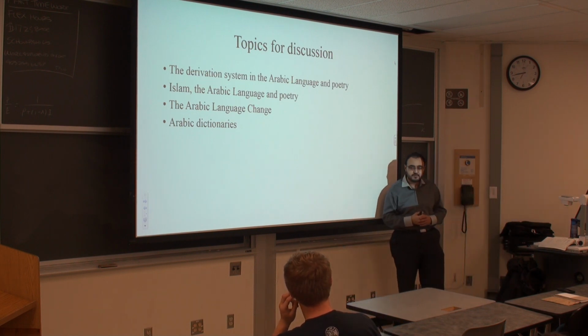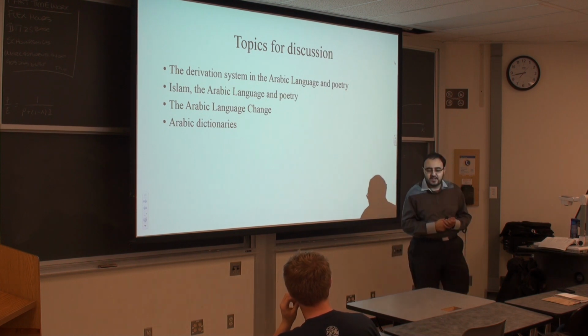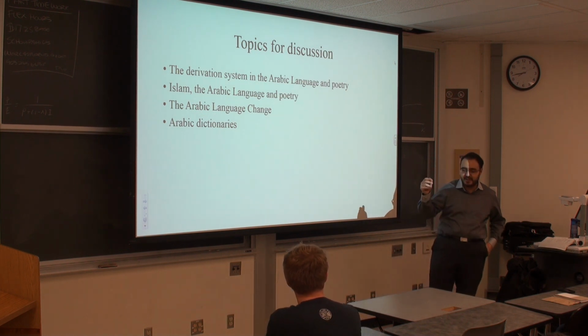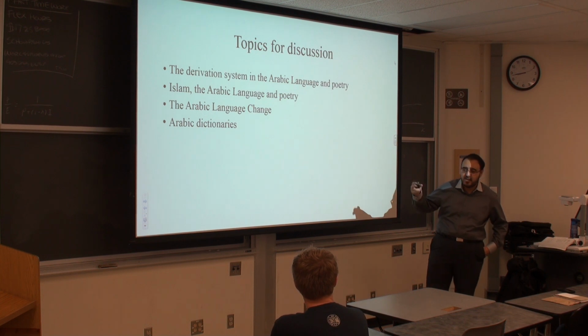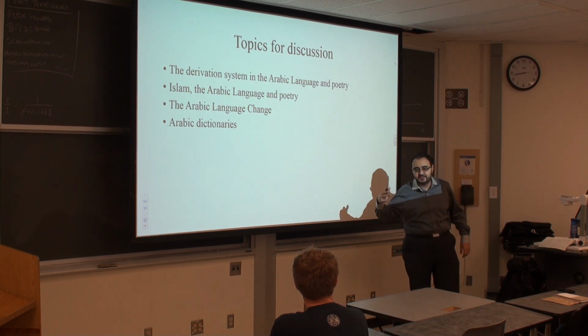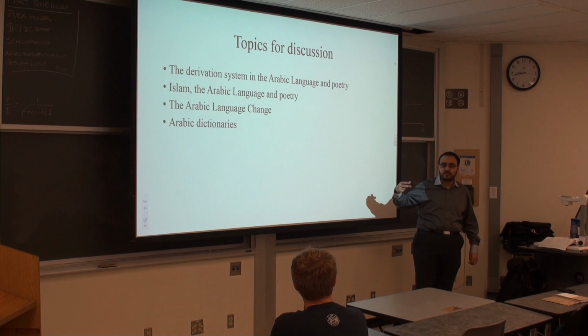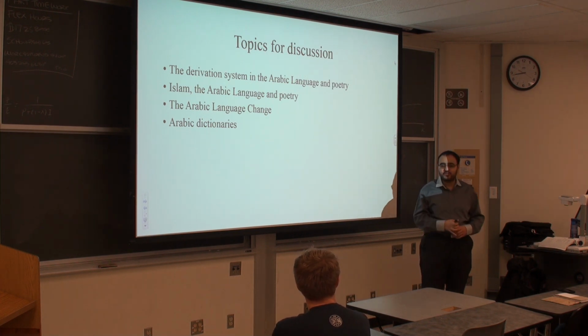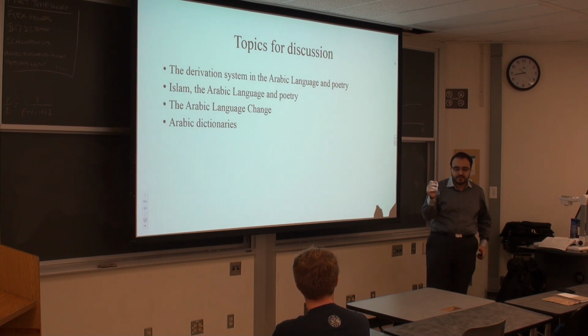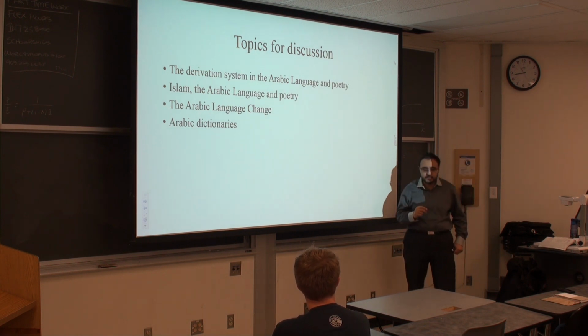Do Arabic dictionaries have listings of prefixes? They don't have a list of prefixes, but under the same root you will have the words, and the words will be grouped, not necessarily according to the prefix.